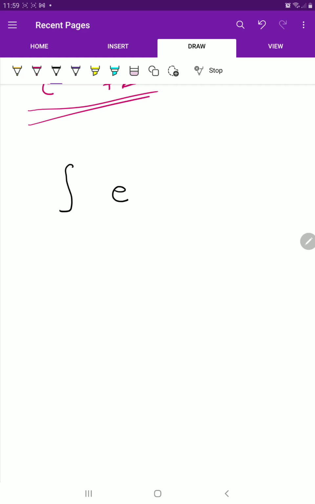Let's say the integral of e to the x squared dx. So basically, in your head, think of that x squared, and the derivative of that.